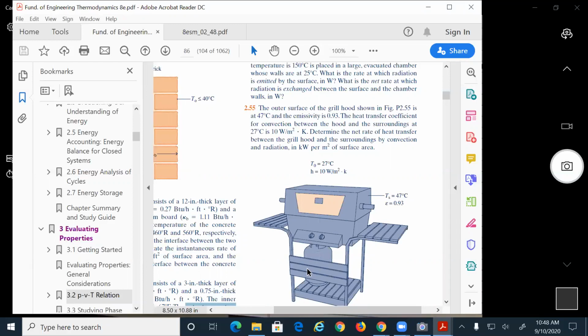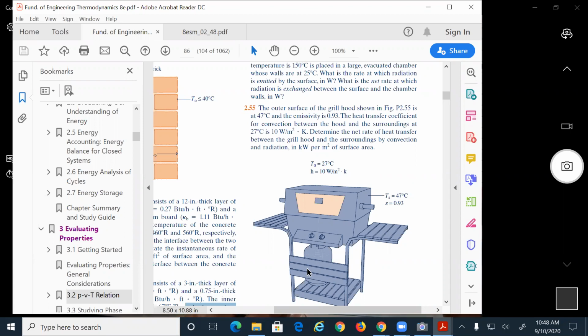So basically just do the figure. This problem is pretty simple. Let's say this is a barbecue. We know that T0 is 27 degrees Celsius. So now here, be careful.